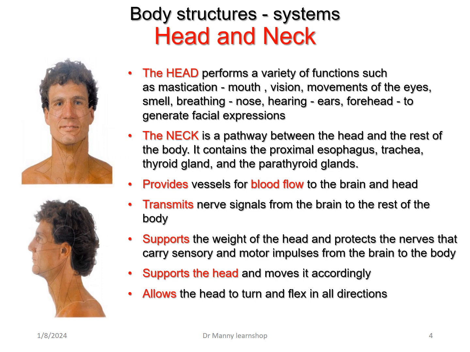The neck supports the weight of the head, and it also protects nerves that carry sensory and motor impulses from the brain to the body and from the body to the brain. The neck also allows the head to turn and flex in most directions.